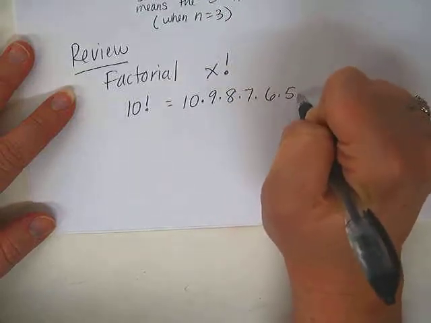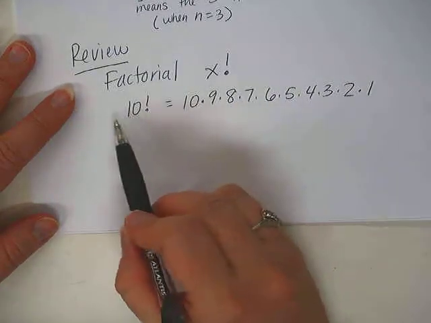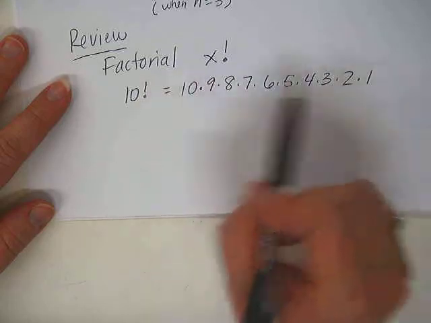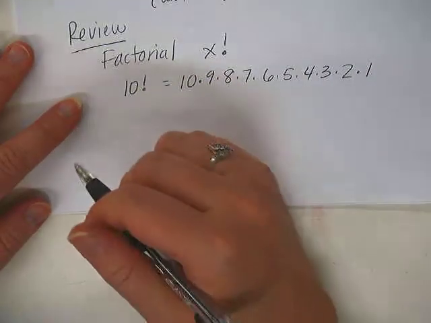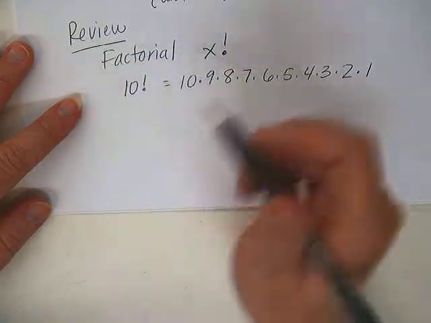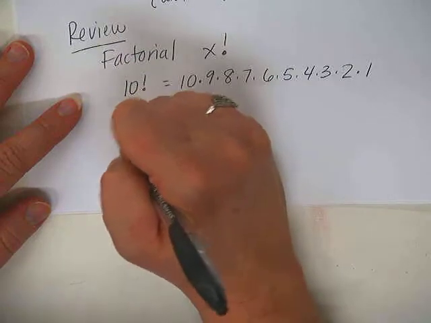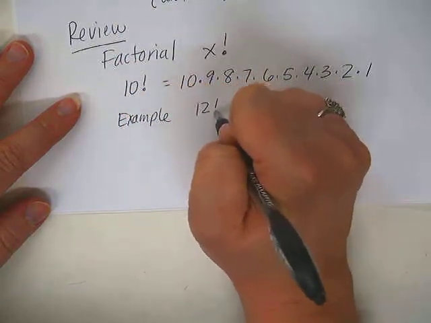If you do 10 factorial, that means 10 times 9 times 8 times 7 times 6 times 5 times 4 times 3 times 2 times 1. So if you can find that exclamation point on your calculator, it's a shortcut way of doing something like that, which does become important when we're doing some things with sequences. So I just wanted to review and make sure you knew what that meant.